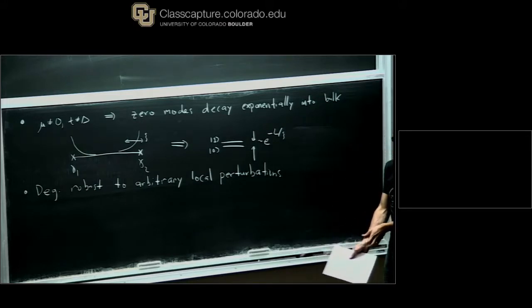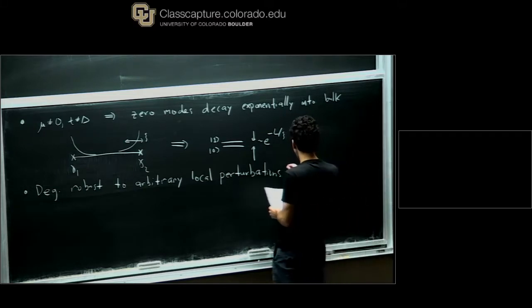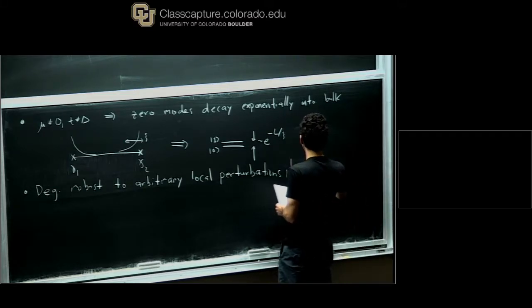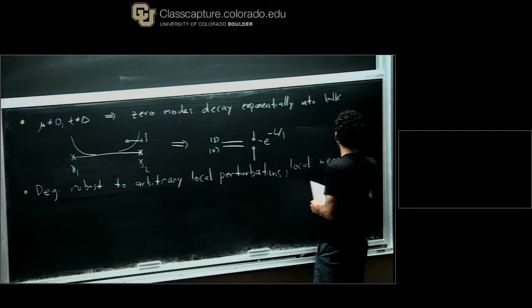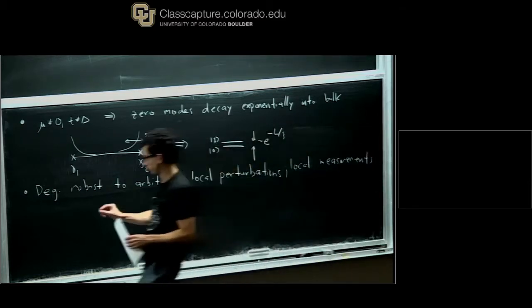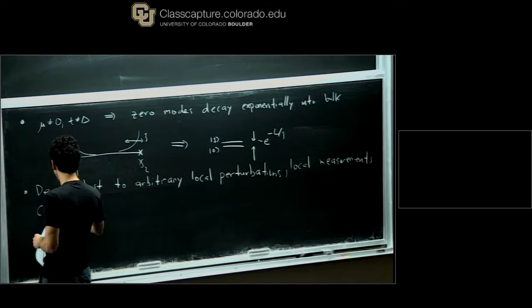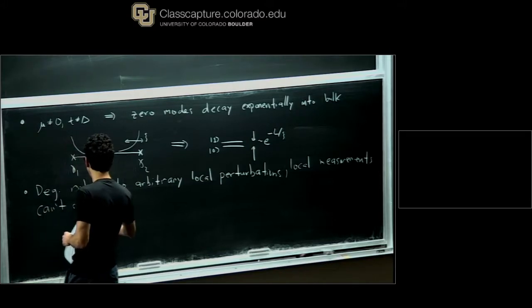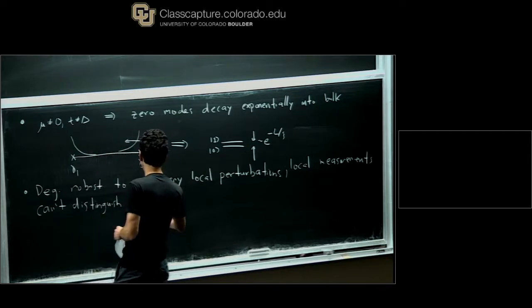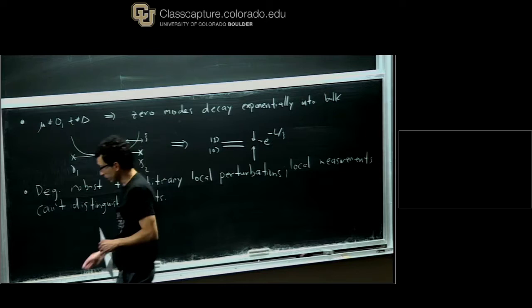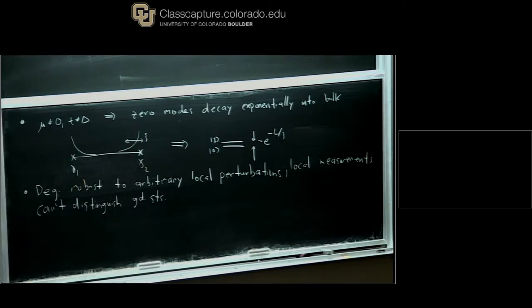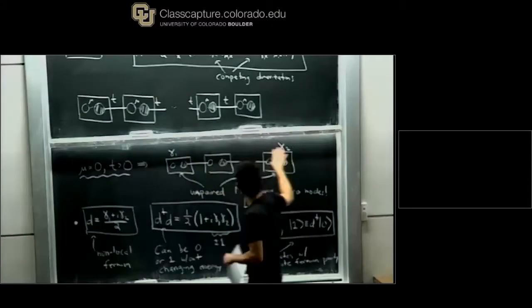Closely related property is that those two ground states are locally indistinguishable from each other. So you might, for instance, try to identify whether you're in the state 0 or 1 by performing a local measurement in the vicinity of, let's say, either gamma 1 or gamma 2.